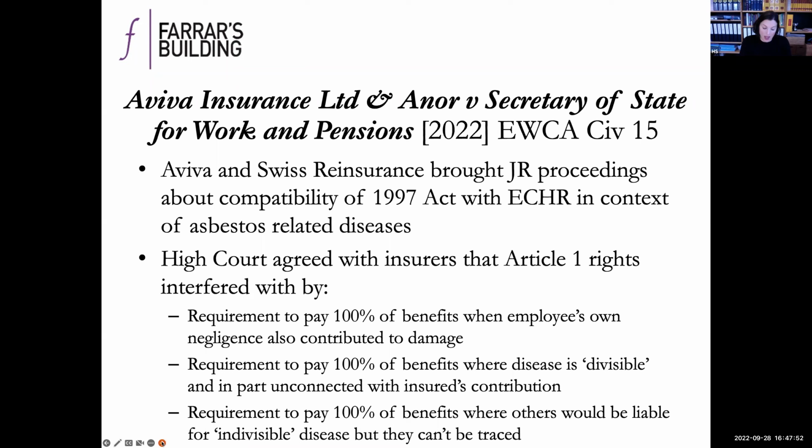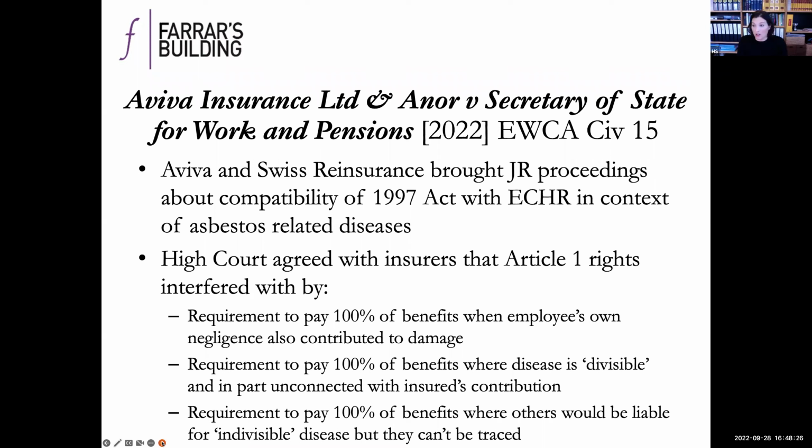And partly the requirement to pay 100% of benefits where others would be liable for indivisible disease, but they can't be traced. They also were arguing, but this wasn't actually properly dealt with, decided by the High Court, that there was potentially a breach.